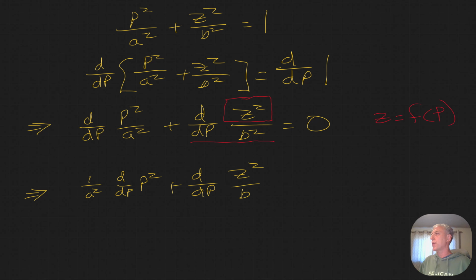I'm not going to touch that one yet, well, I will just a little bit. 1 over b squared, remember that's just a number, times d/dp of z squared equals 0.